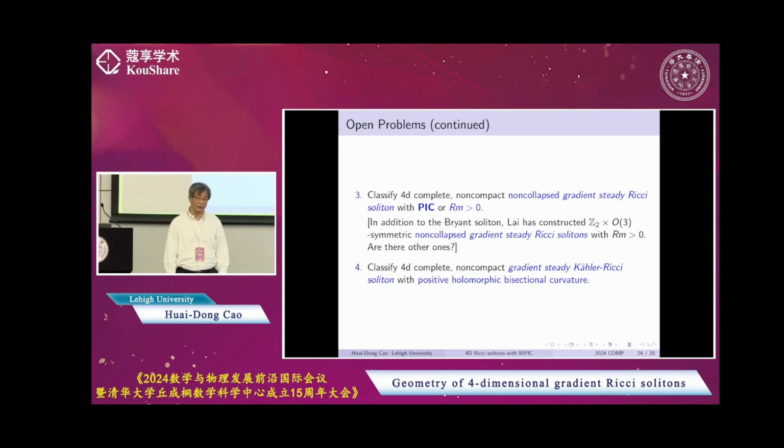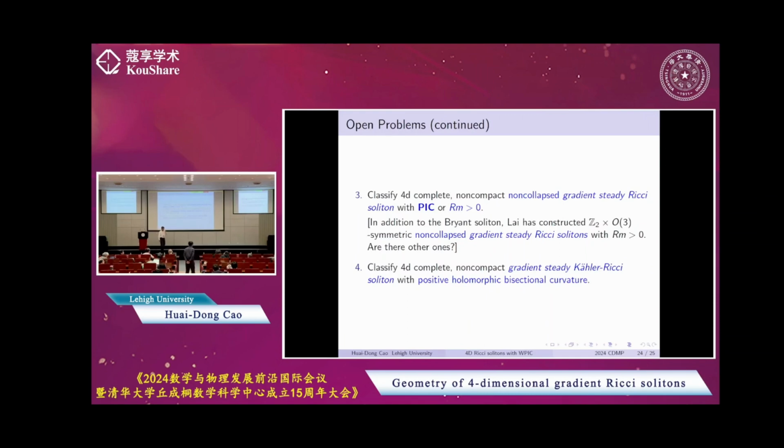Yeah. So for complex manifolds, or irreducible manifolds, I'm wondering if these rigid solitons can have some complex structures or symplectic structures. That's an excellent question. So far, as mentioned before, we only have the 4-dimensional Kähler ones.